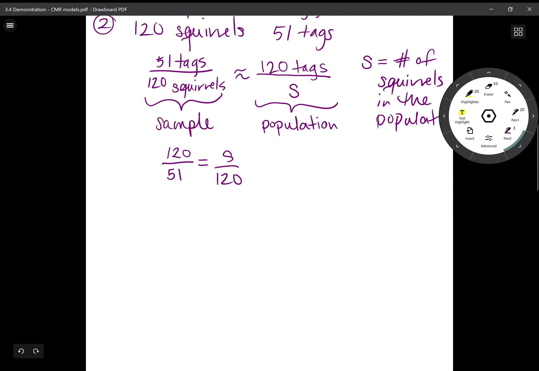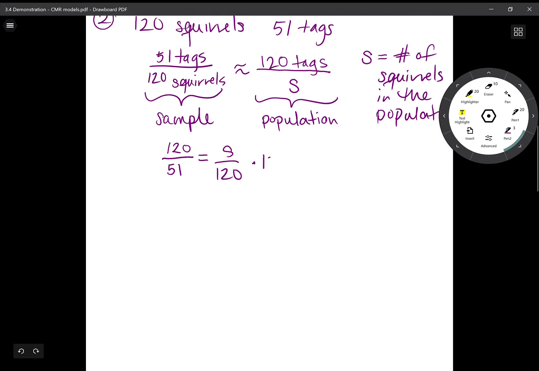So if we want to get S by itself, we need to multiply both sides of our equation by 120. And what we get is that the total number of squirrels in the population, and we'll keep this approximately in here because it really is very approximate in more than one way, is 120 times 120 over 51, and you can rewrite the order or not.